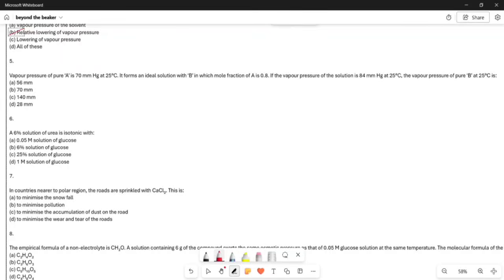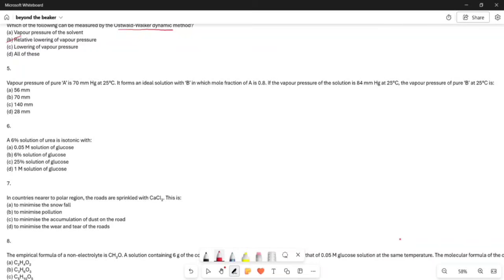To calculate the vapor pressure of pure component B, we have to apply Raoult's law for liquid mixtures.